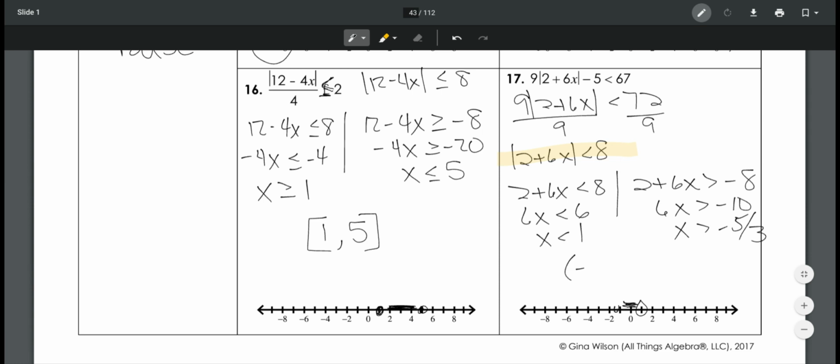Now, open circle on negative 5/3 is the smaller of the two numbers. So parentheses, negative 5/3 and 1. Always put the smallest number inside your interval notation first, because you're reading the graph from left to right, and the smaller numbers are on the left, and it moves up to the bigger numbers on the right.